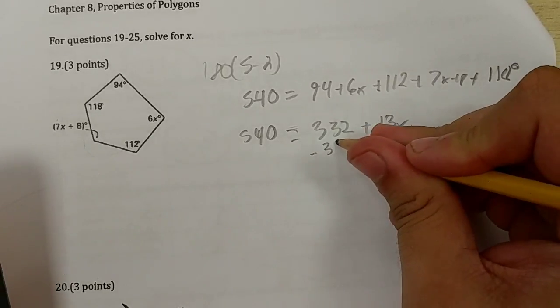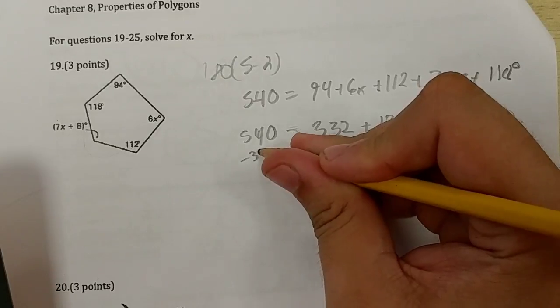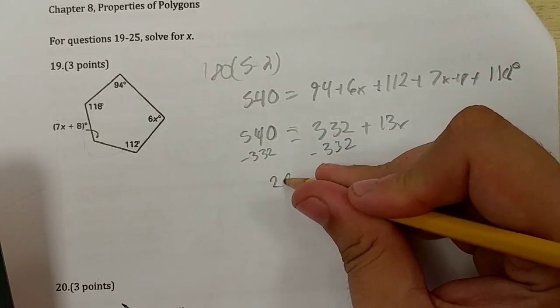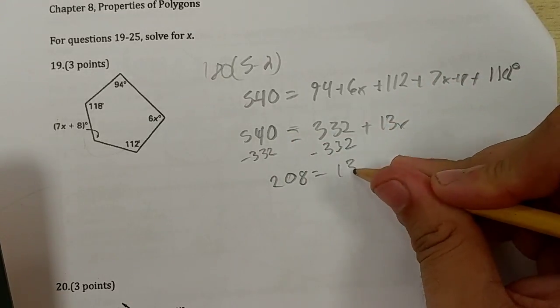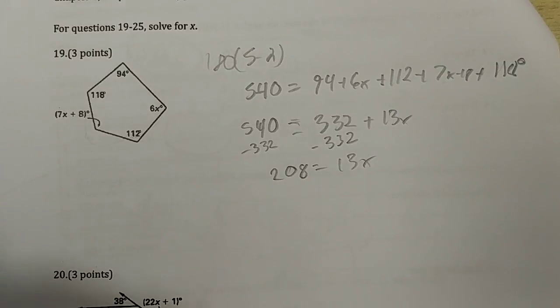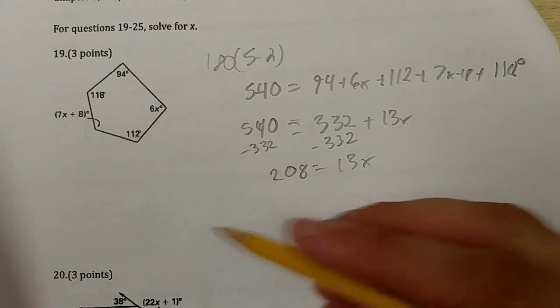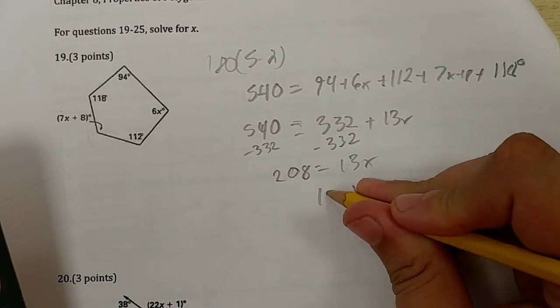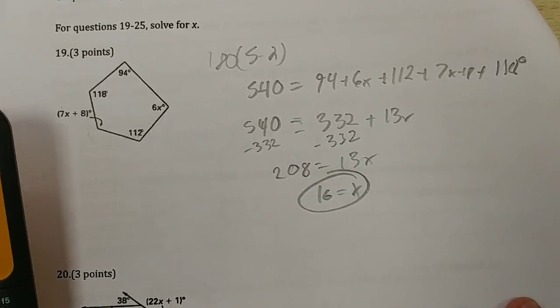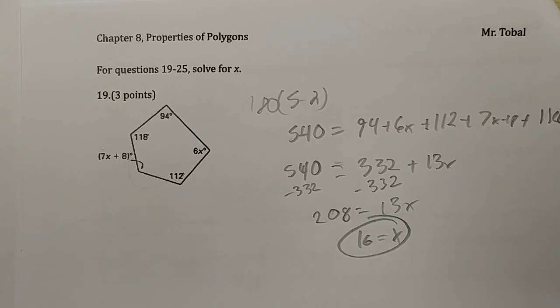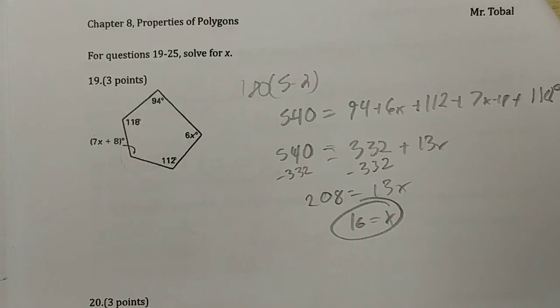Silly me. Subtract 332, subtract 332. That's going to be 208 equals 13x. Then divide that by 13, x equals 16. So x equals 16. Did I just say solve for x? Yeah, I just said solve for x, good.